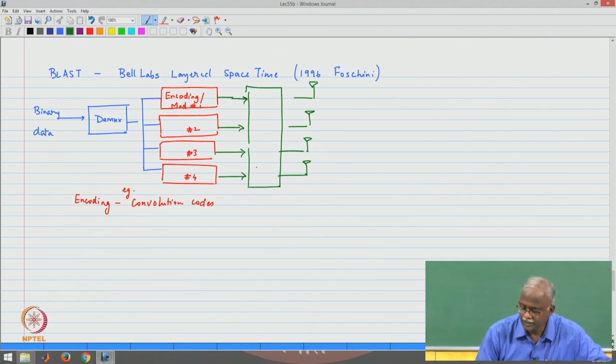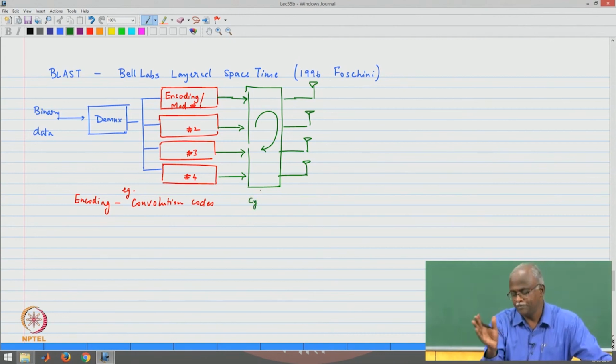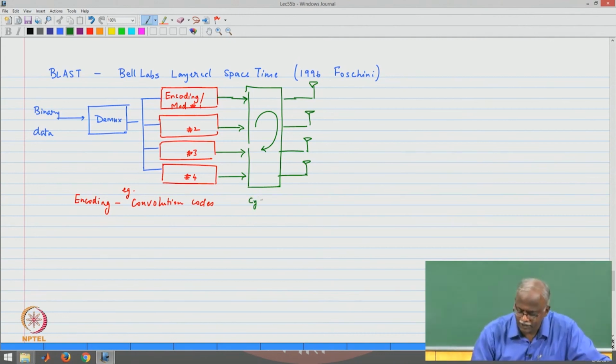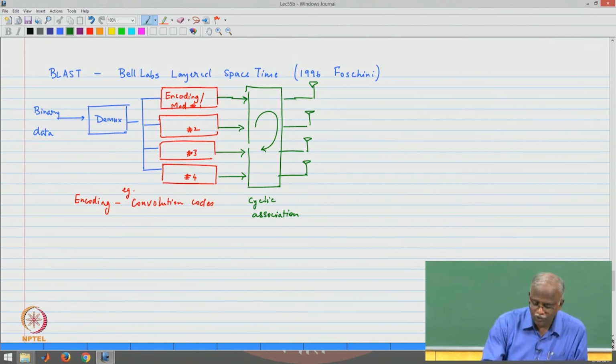So, this is the arrangement that we have, transmit antennas, and this is a form of something that does cyclic association. Basically, it is like a switch that keeps shifting the input signals from one antenna to the other. So, this is called cyclic association. Okay, so, it is like a circular switch, and we will show what that actually does when we do the transmission.